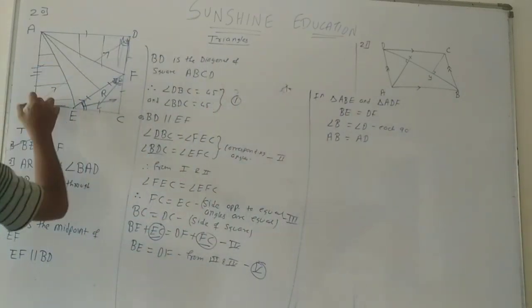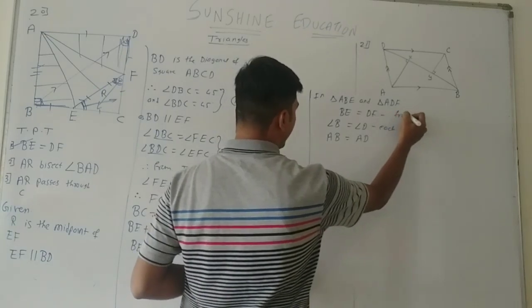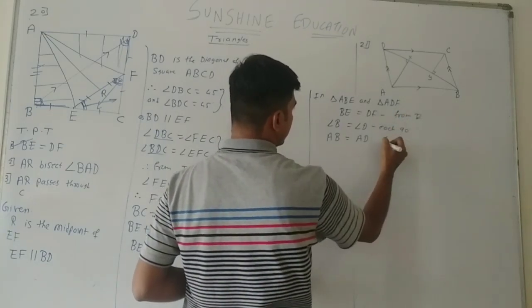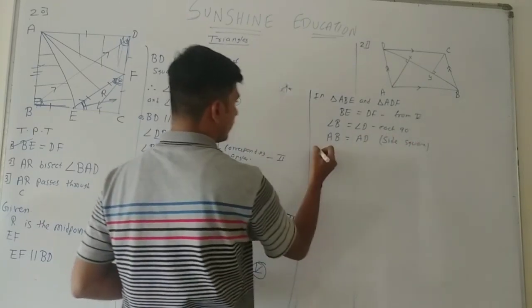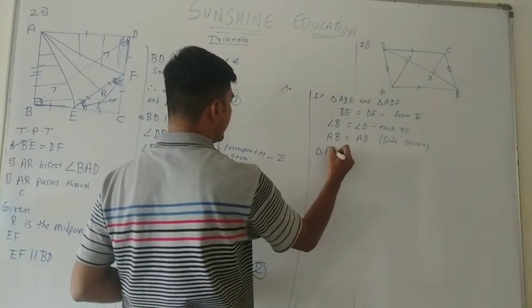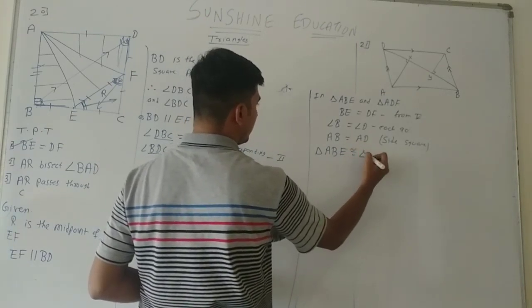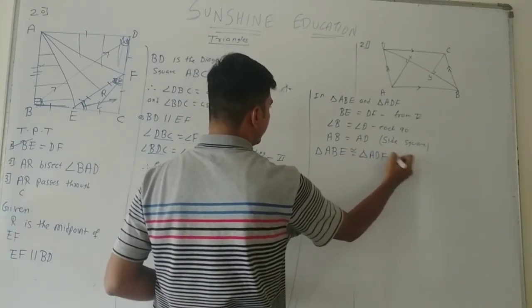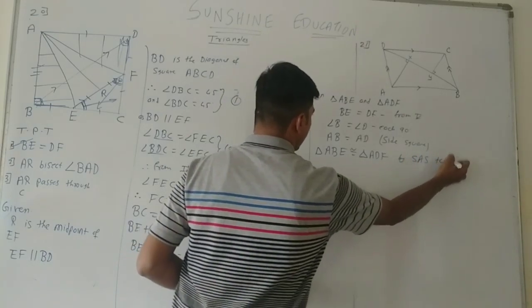So we have a side AB equal to AD, reason from 5. Therefore triangle ABE is congruent to triangle ADF by side angle side test.